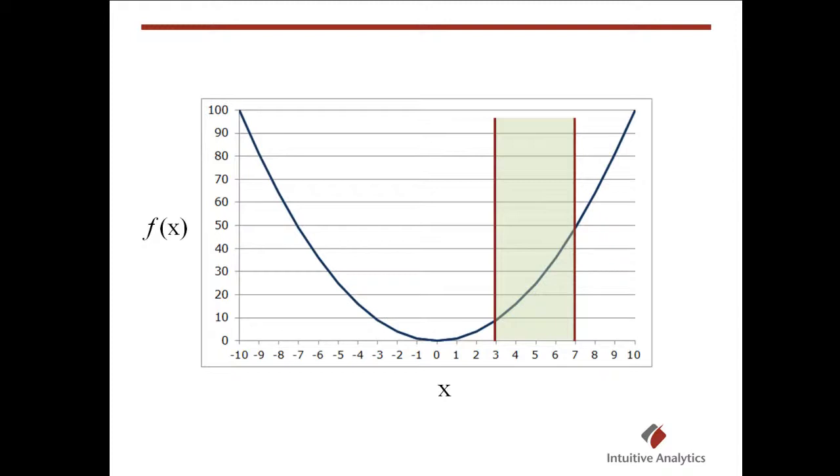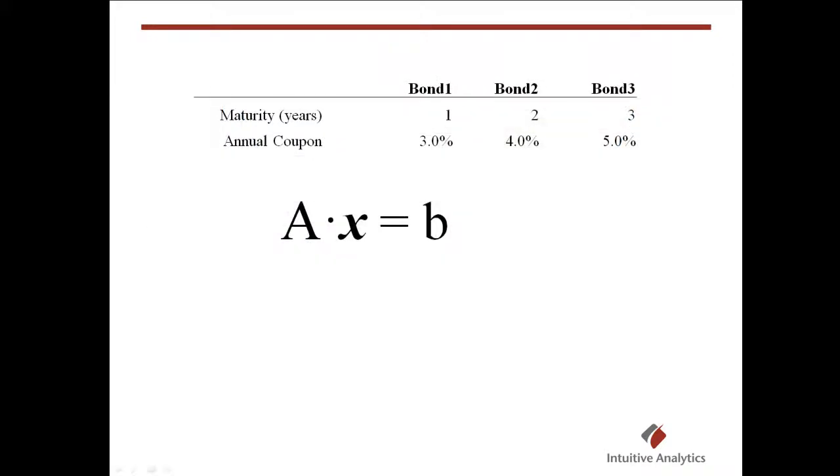Outstanding. So moving on from this simple graphic, we'll go into part 2 of this presentation. And here we've got the same information that we showed on those prior videos that explain linear algebra and very basic optimization. But we're just going to take an example here where we've got 3 bonds, just a 3-year structure, 1, 2, and 3 years, and they have annual coupons of 3, 4, and 5%.